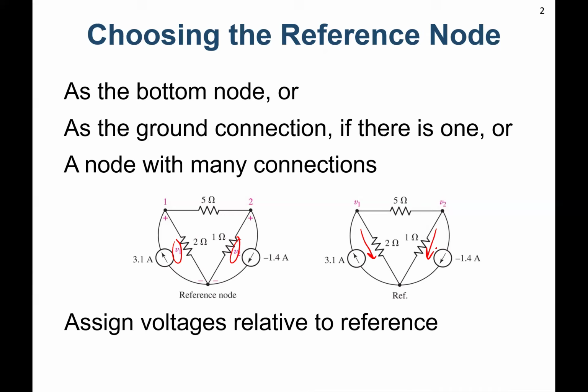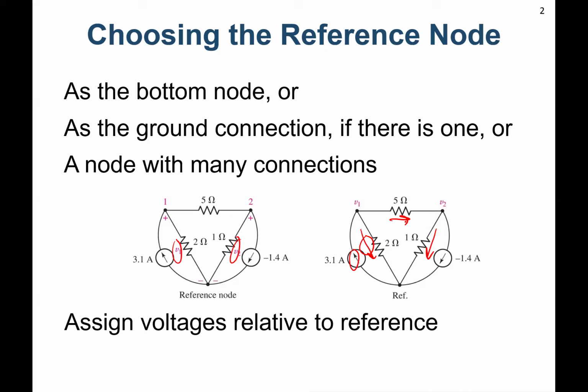The current that causes V1 is in the top to bottom direction. Similarly, the current that causes voltage drop V2 is in the top to bottom direction. And why do I want to know directionality? Because KCL is the conservation of matter. It's the sum of the current into the node equals the sum of the current out of the node.